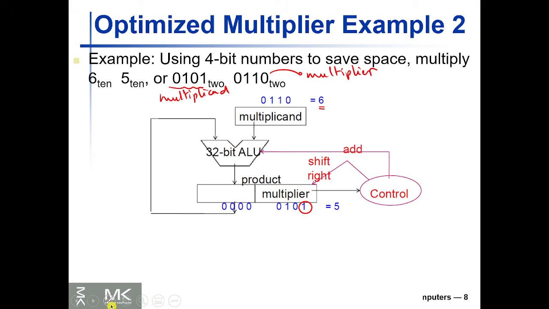In the first iteration, we have 1 in the least significant bit of the product, so we do the addition. Look here at 1: 1 means make the addition. So this control circuit will control the ALU. This ALU is basically an adder circuit that does the addition.